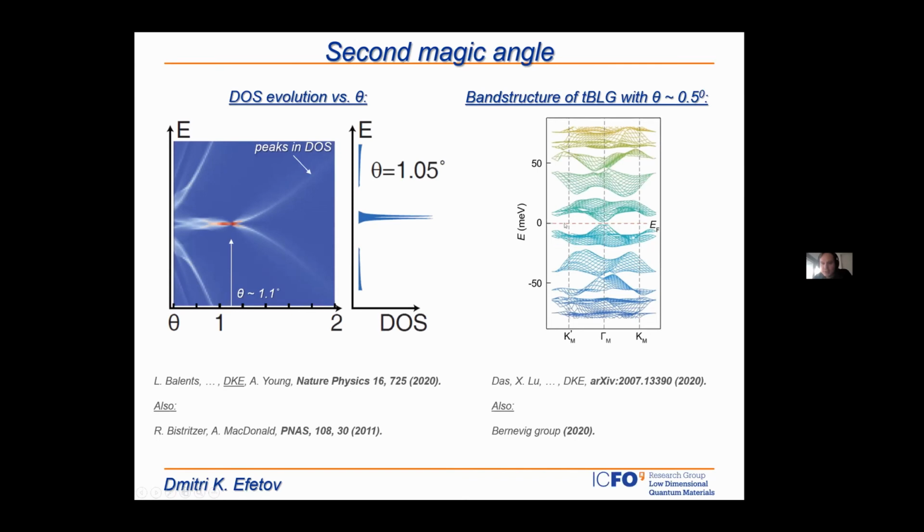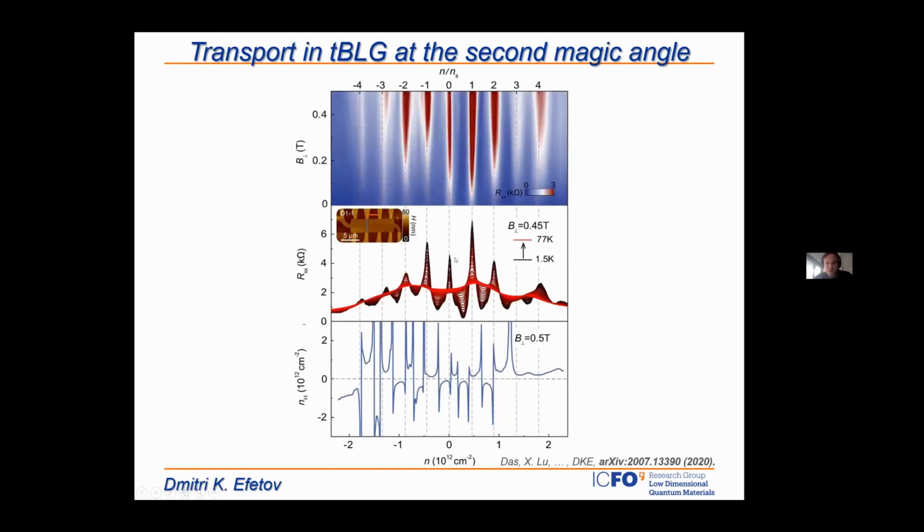Every time we see resistance peaks, we're somewhere in between two bands. And of course, Hall measurements also demonstrate a similar thing. Hall measurements also show transitions every time we cross one of these peak positions. So we can really show that we are filling up one band and going to the next.